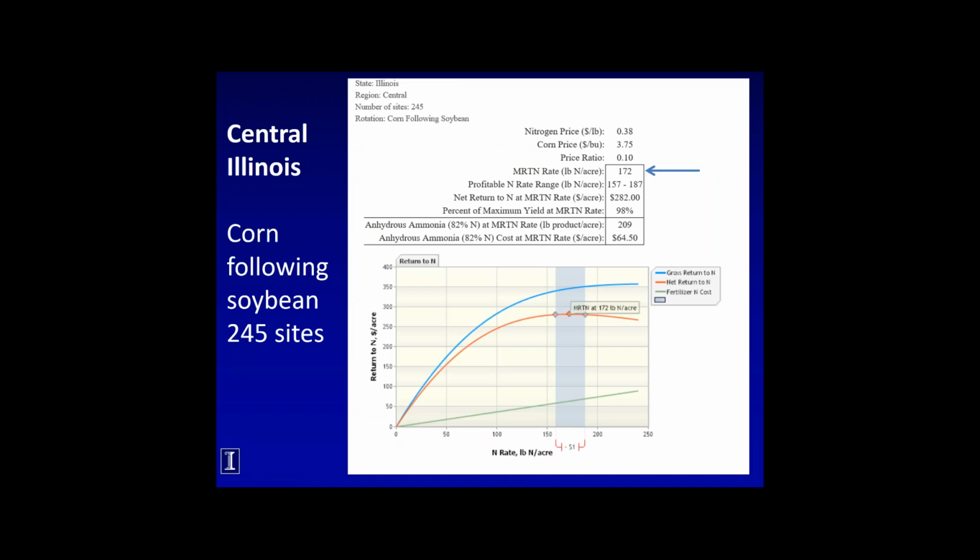And if you run it today in your state, if you participate in it, you'll get an output like this. This says for Central Illinois, 245 sites, it suggests a maximum return to nitrogen coming at a rate of 172 pounds per acre, corn following soybean.